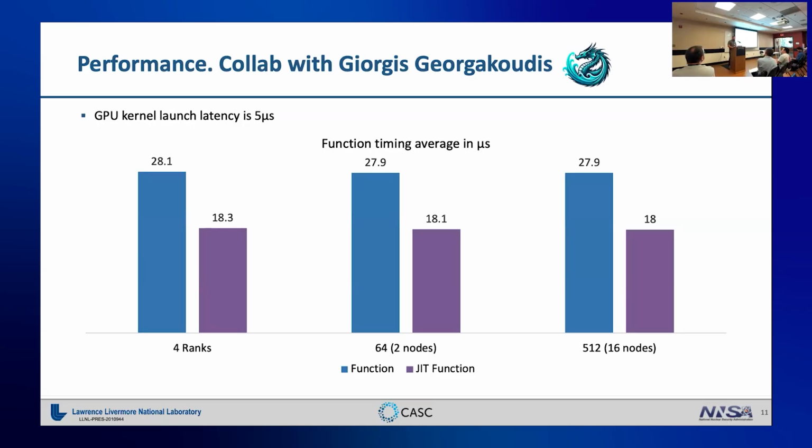So this is a performance... How do I put it? There still is probably a lot of doubt if JIT can actually be sustained on HPC machines.